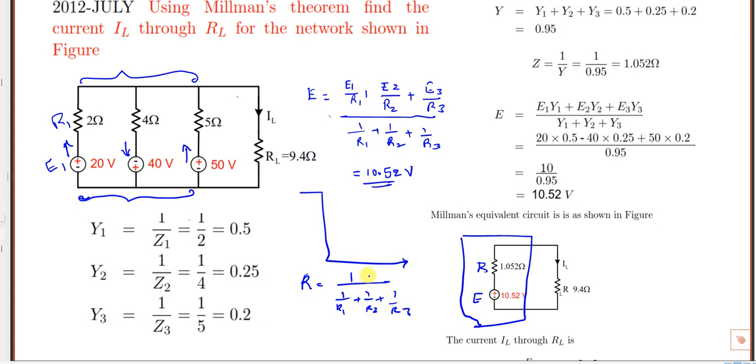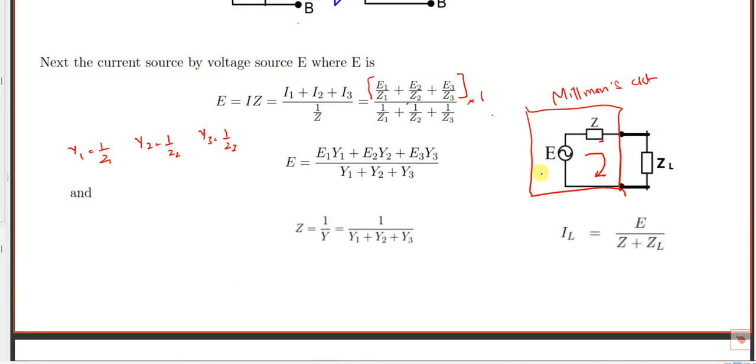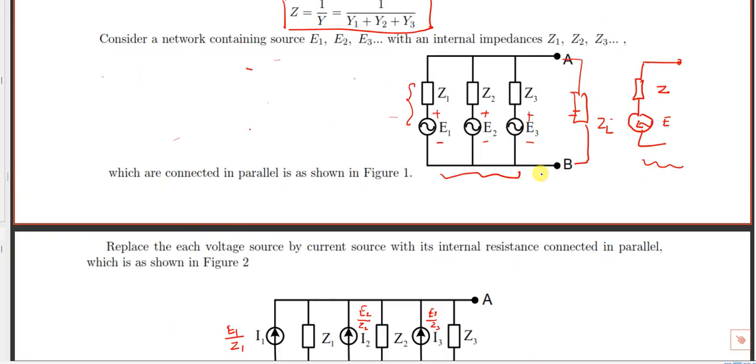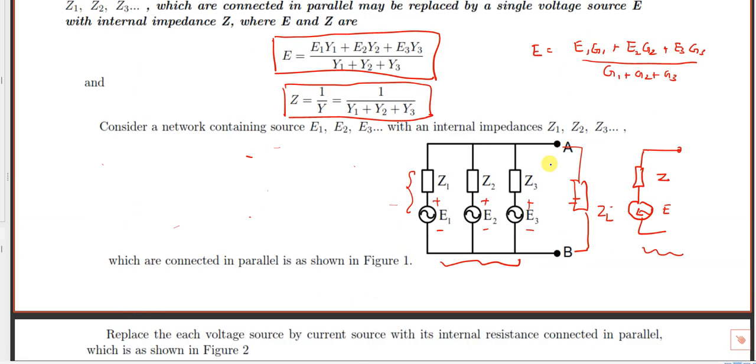In terms of impedance, it is 1 over 1 by z1 plus 1 by z2 plus 1 by z3, because it is admittance. Internal impedances are z1, z2, z3. Or in terms of admittance, it is g1, g2, g3.